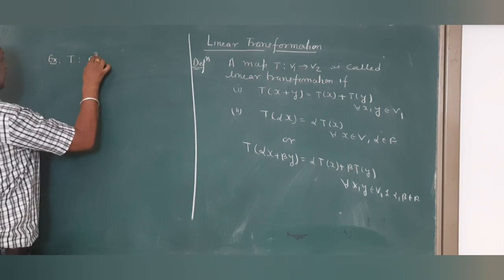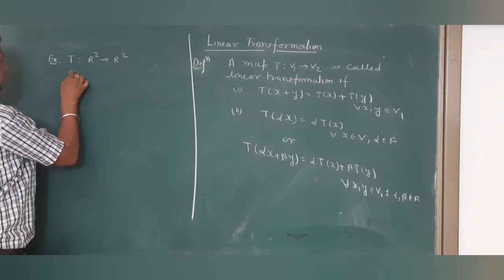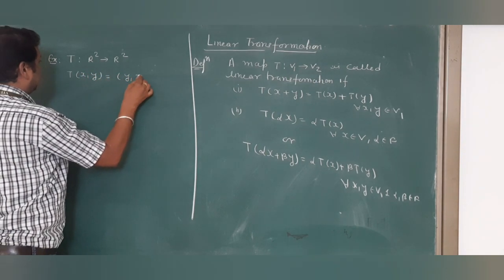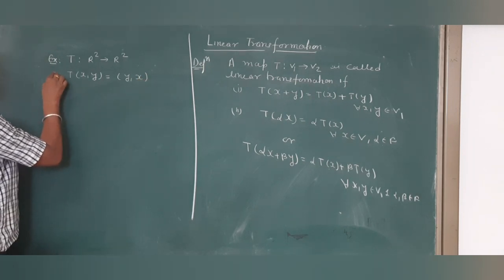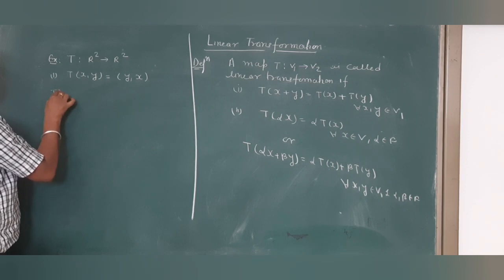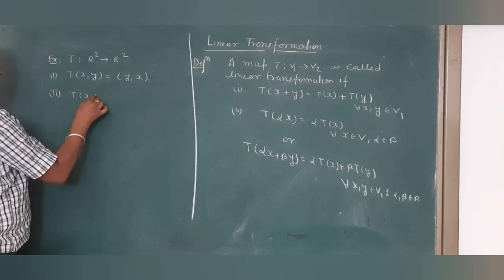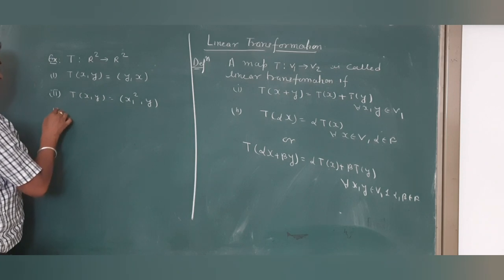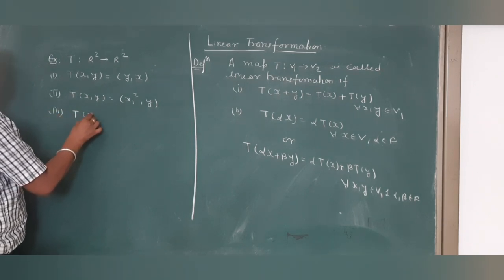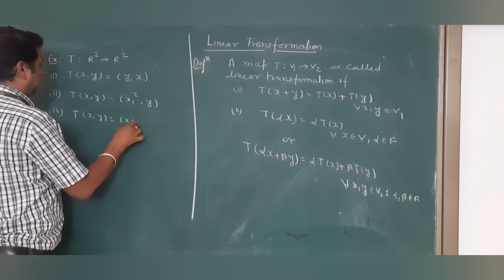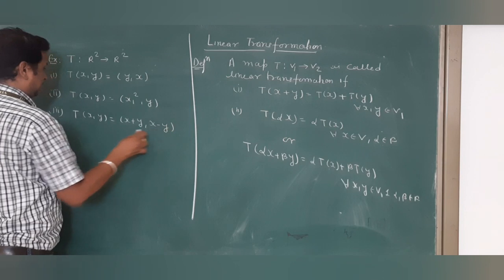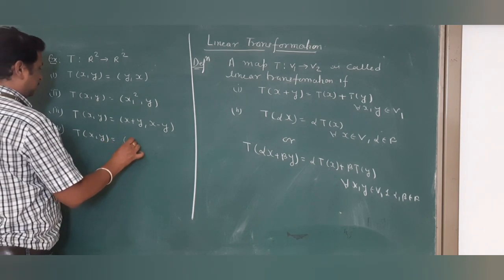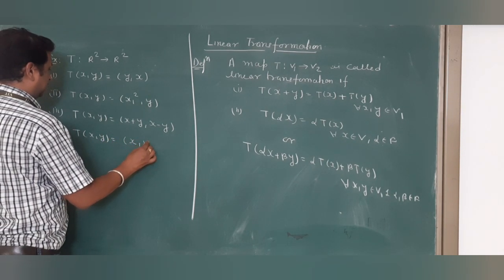T from R square to R square defined by, first, T of (x, y) is equal to (y, x); and second, T of (x, y) is equal to (x1 square, y); third, T of (x, y) is equal to (x plus y, x minus y); and fourth, (x, y minus y).